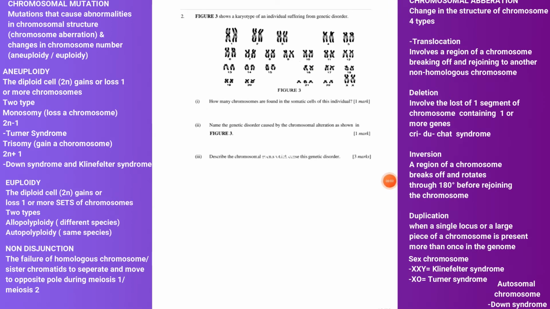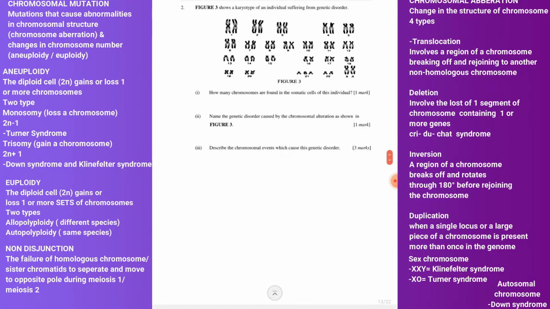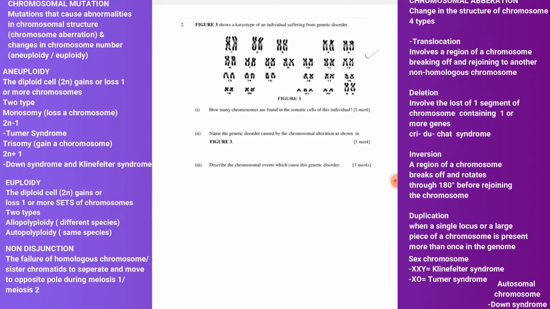Number 2, figure 3 shows karyotypes of an individual suffering from a genetic disorder. Here, this one is a human karyotype. There are 22 pairs of autosomal chromosomes and 1 pair of sex chromosomes. But look here, at chromosome 21, there is an extra chromosome.